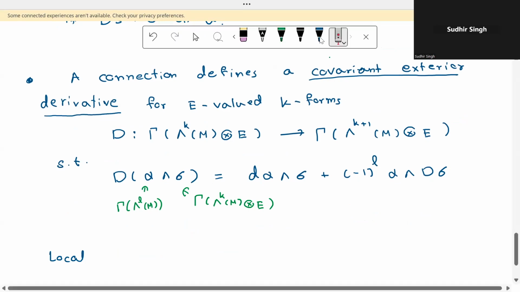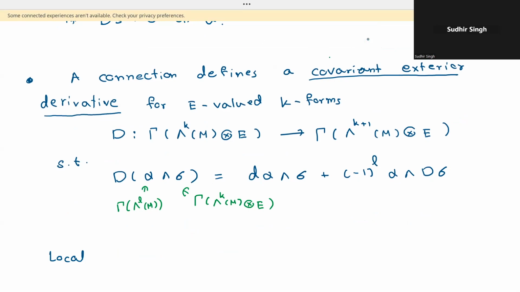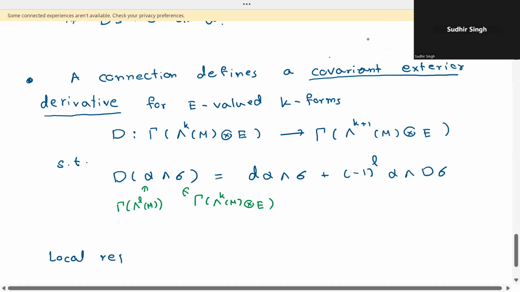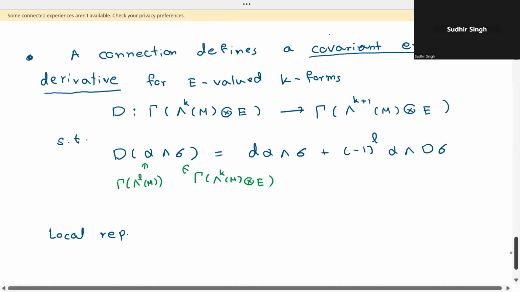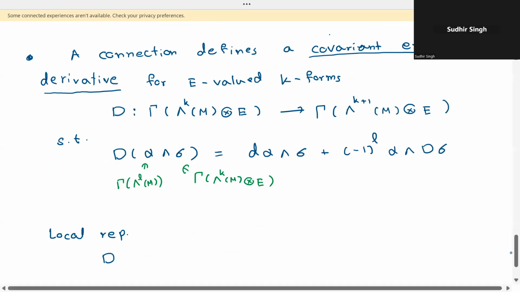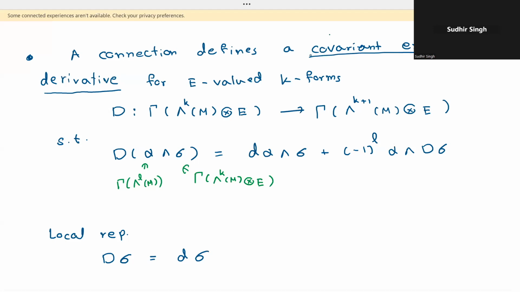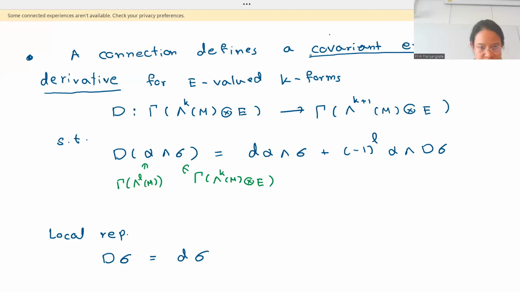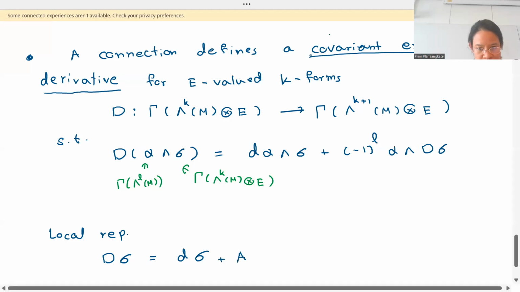So, local representation. So d sigma, it can be shown that it's here.